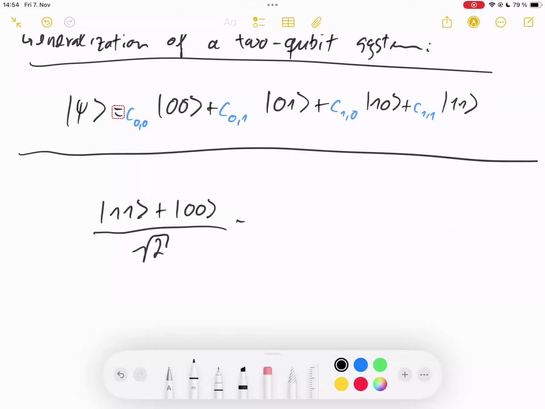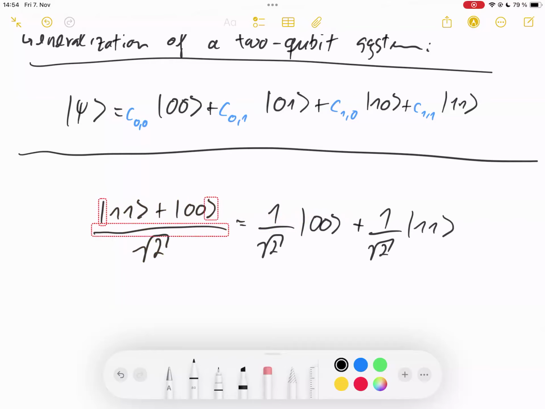We could rewrite this as 1 divided by the square root of 2 times 0, 0 cat plus 1 divided by the square root of 2 times 1, 1 cat. And do you have any idea?